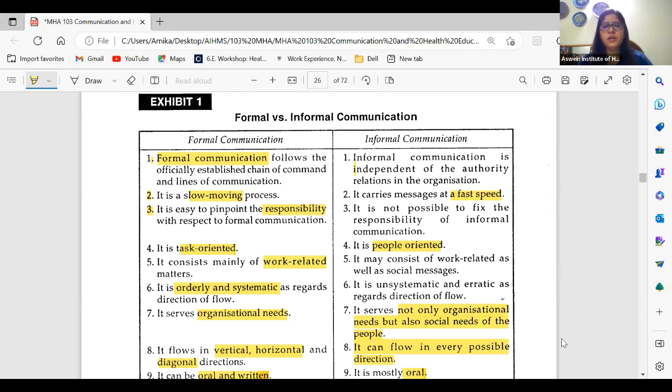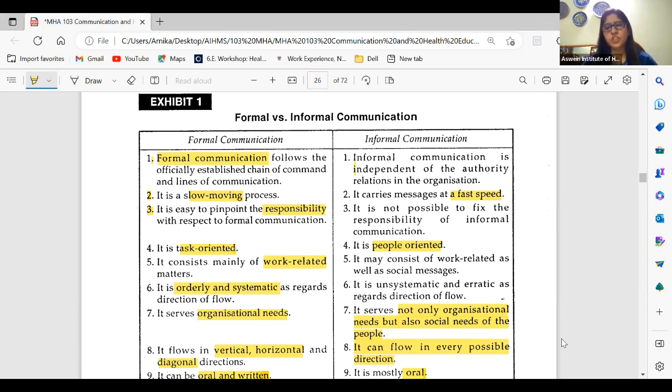Now, if we talk about responsibility, you can easily catch the person who initiated the communication in the case of formal ones, because it is written and there is a specific origin. Whereas in informal, there is no fixed sender.